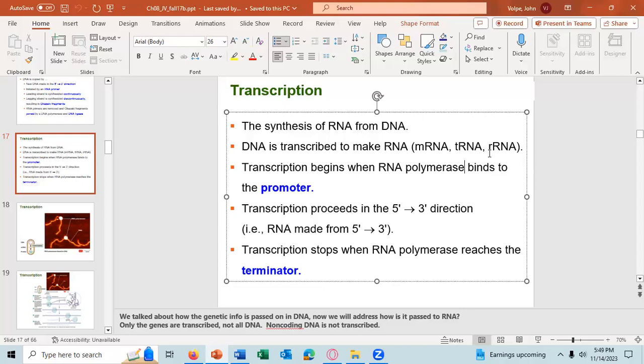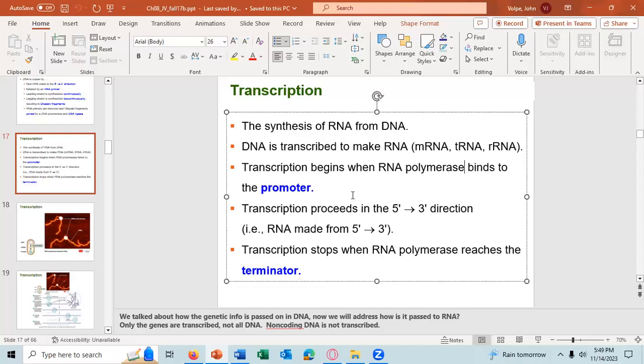Transcription of DNA begins at the promoter. And I should mention that not all of the DNA is transcribed. What part of the DNA is transcribed? Anyone?